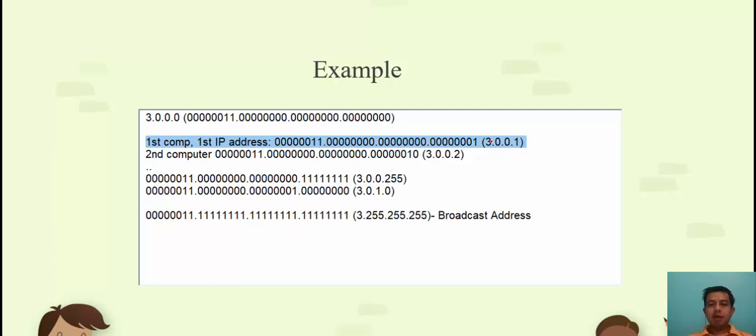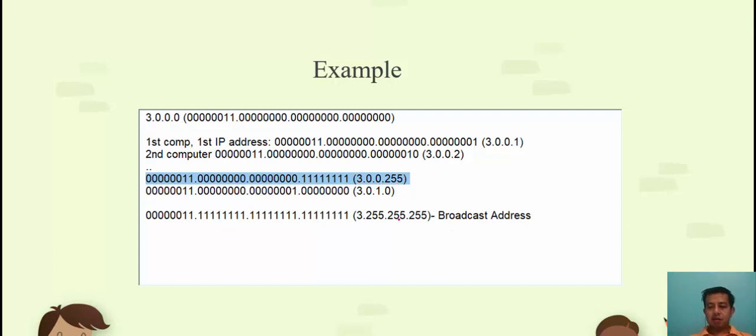If someone is sending a message with destination IP address 3.0.0.2, that message will come to the machine whose IP address is 3.0.0.2. In the same way, if someone is sending a message to 3.0.0.255, that message will come to the machine with the IP address 3.0.0.255, and so on.